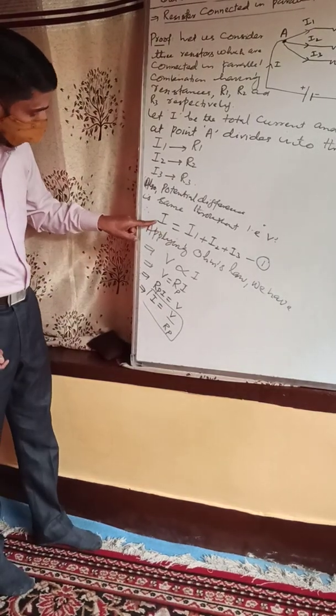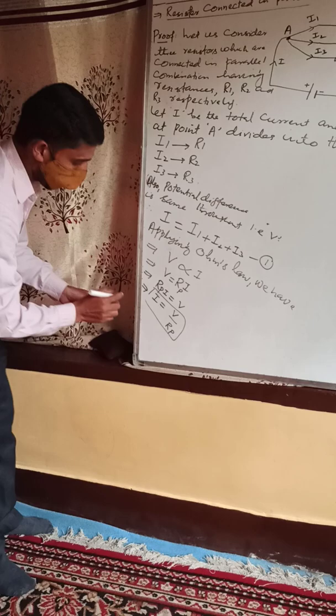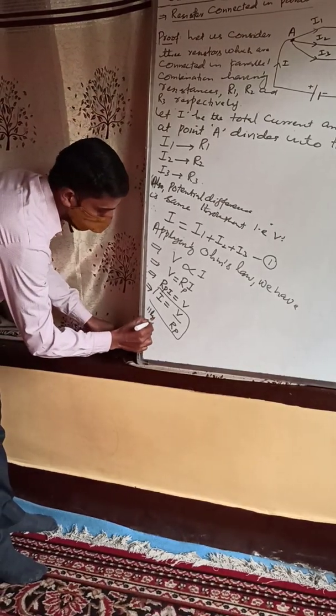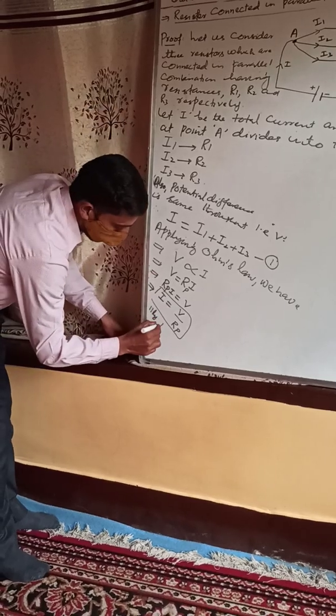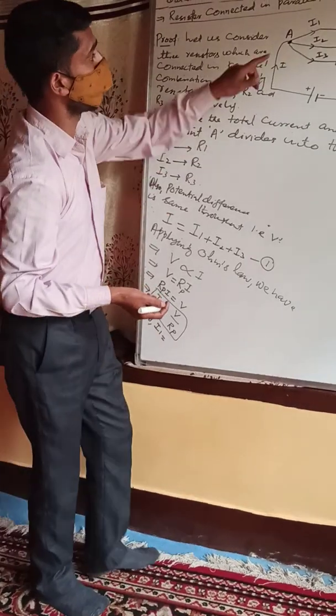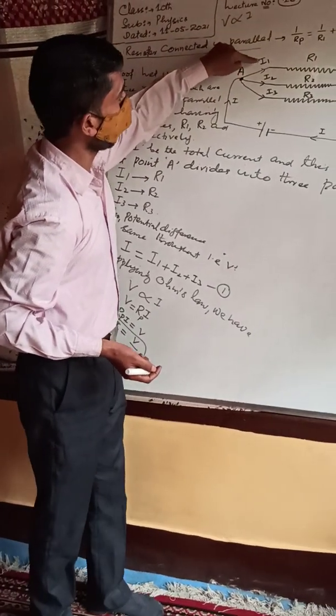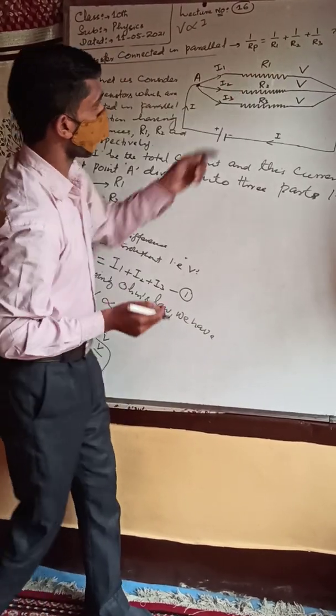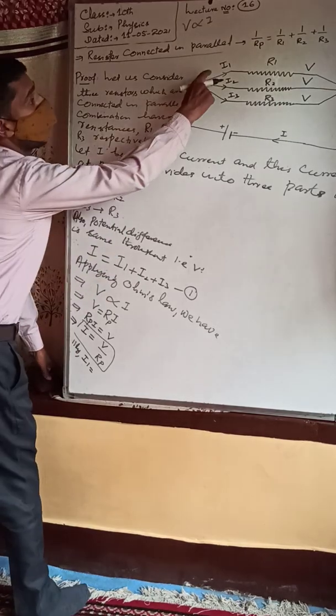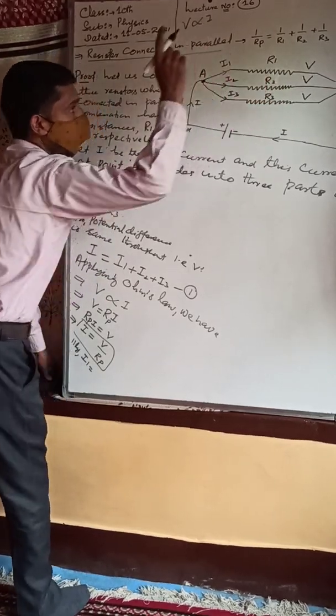Similarly, when I is equal to V by Rp, we can find out the other values, I1, I2, I3. Now see here, my dear student, when I1 is here, then the potential difference is V and resistance is R1. So I1 is equal to V divided by R1.